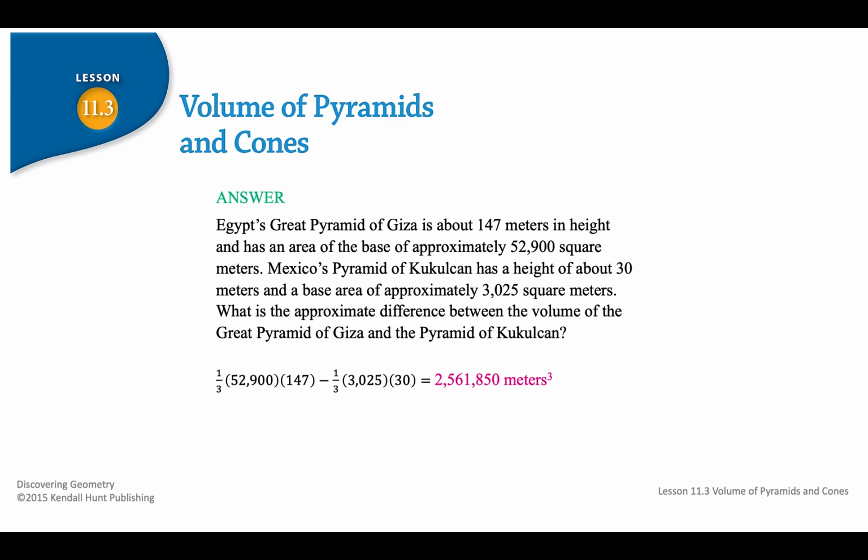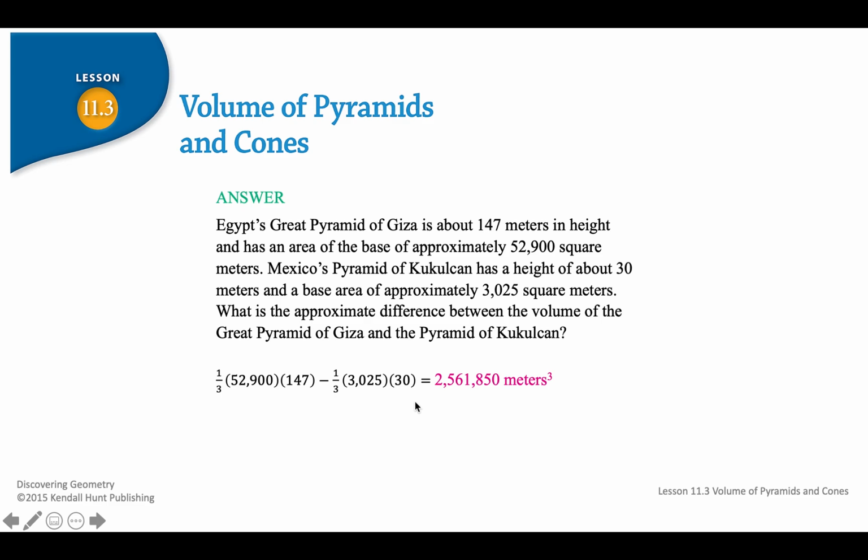Now, this question goes a little bit easy on us because they just tell us the base area straight out. We don't have to calculate the base area. They just tell us the base area of the one in Egypt is 52,900, so plug that in for the base area, and that the height is 147. And they just tell us that the base area is 3,025 for the one in Mexico, and the height is 30 meters.